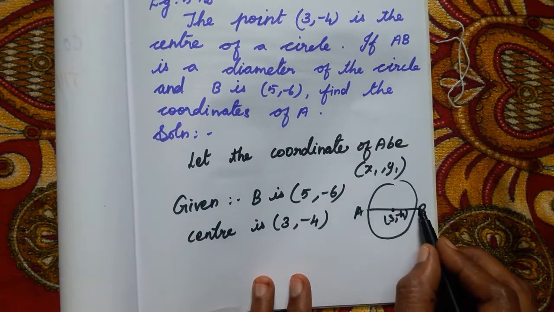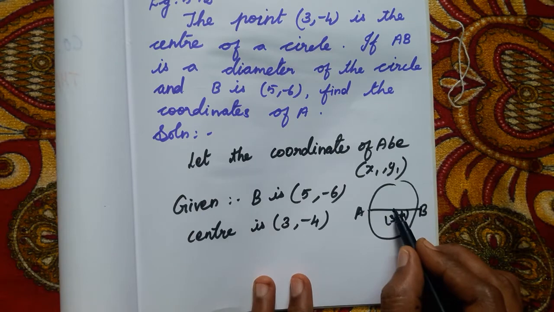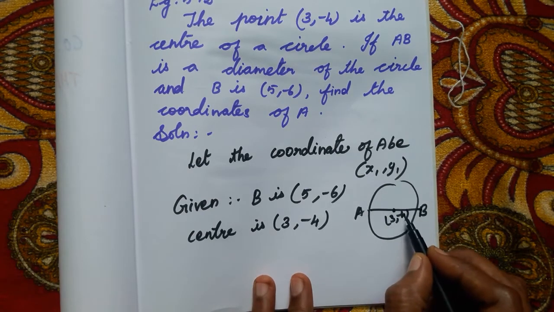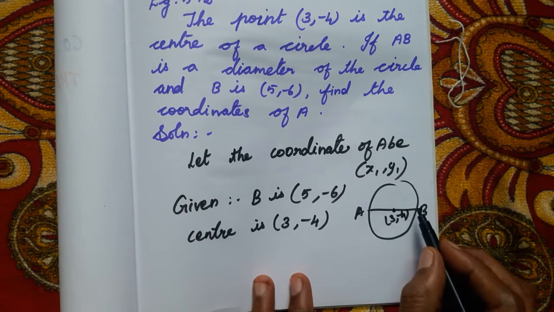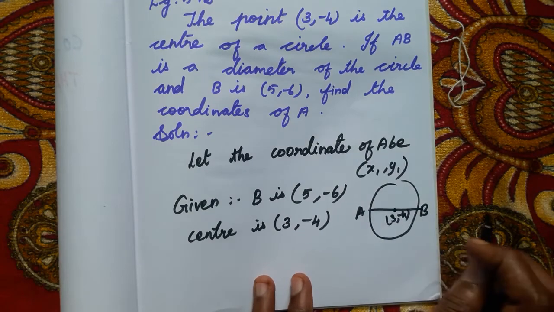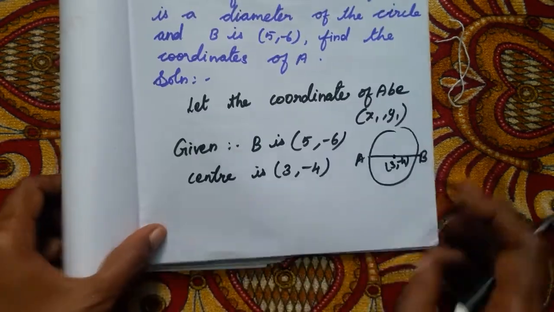AB is the diameter. Here it is given center is (3, minus 4). We know that the center is the midpoint of AB.